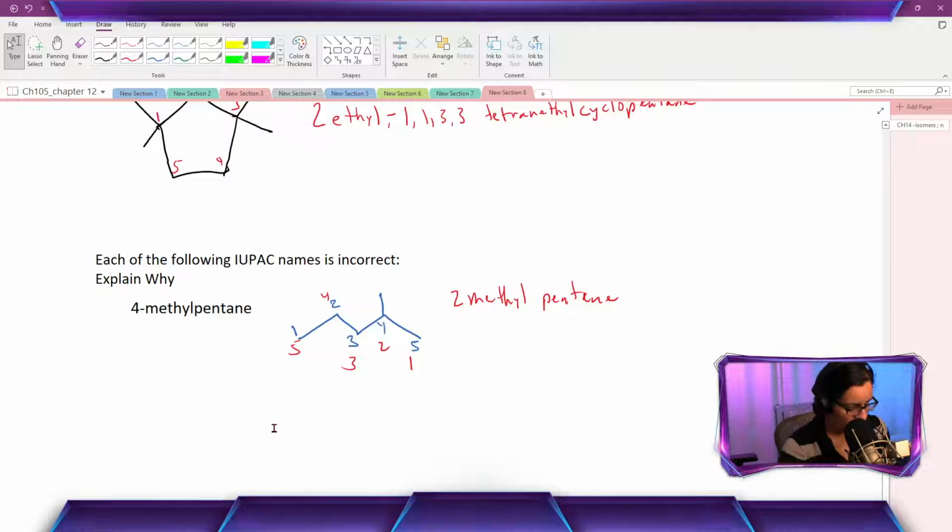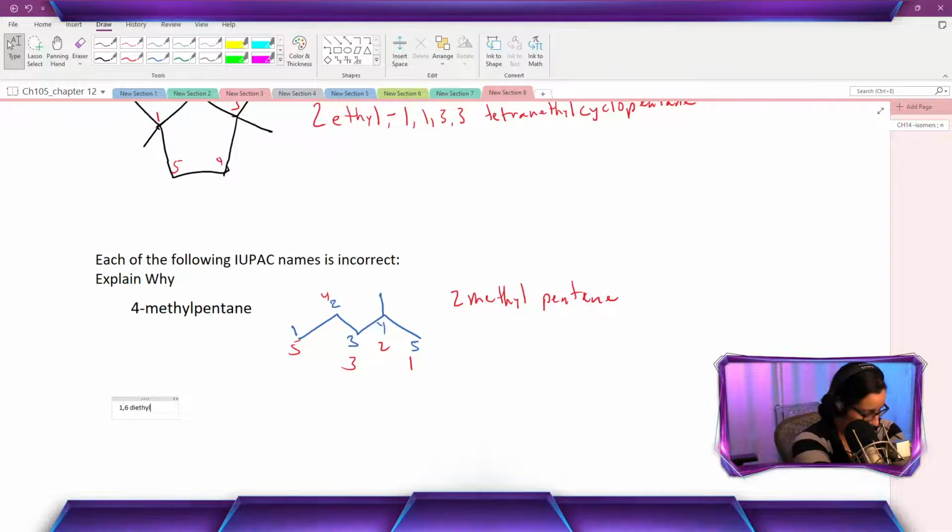Let's try another one. So now we have 1,6-diethylcyclohexane. So what's wrong with this name?